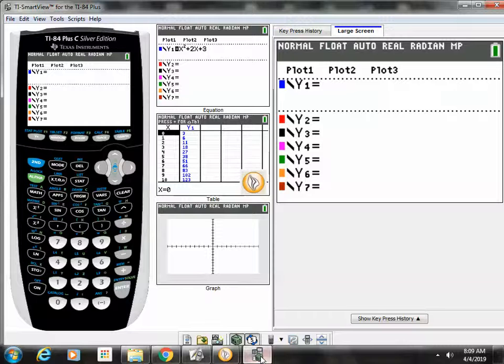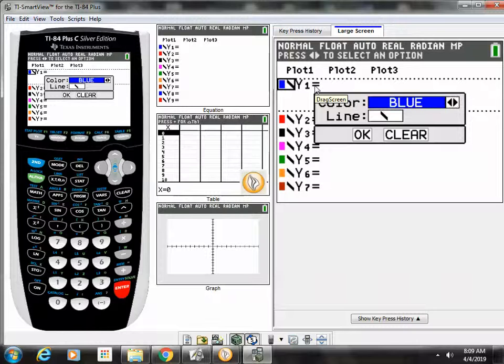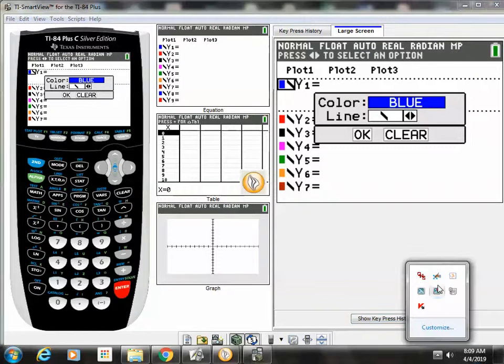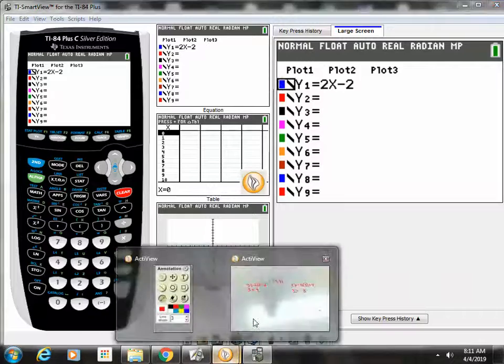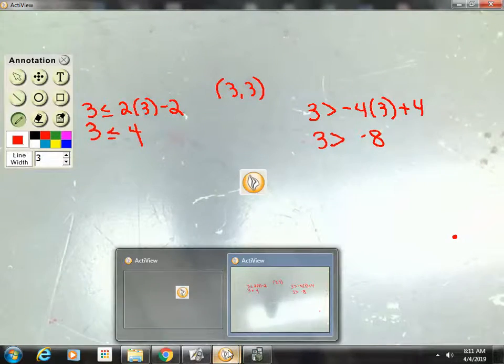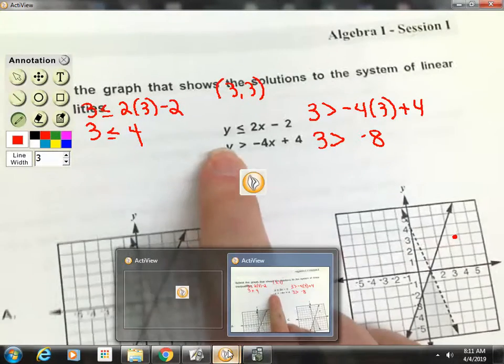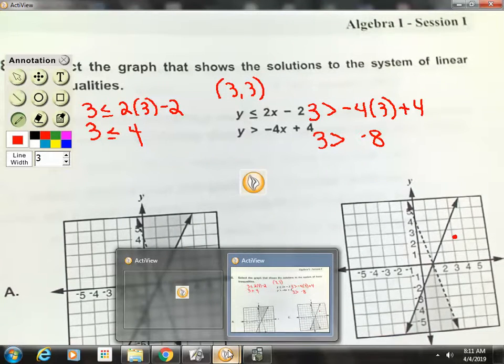If I'm typing in the first one, I want to arrow over. The first inequality was less than, correct? So we would want to shade the left side to make your graph do that.